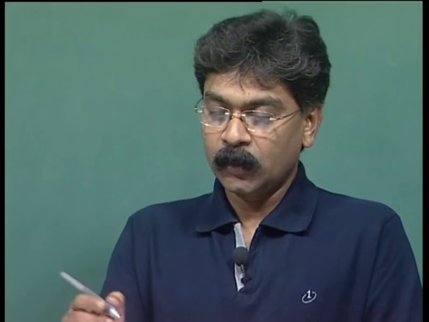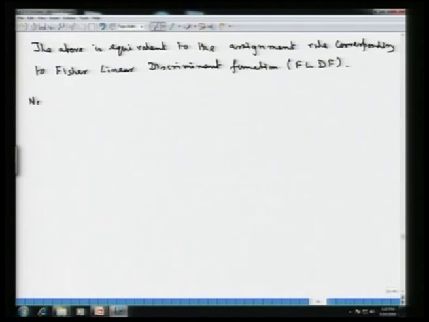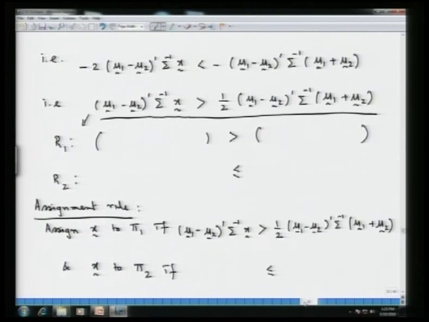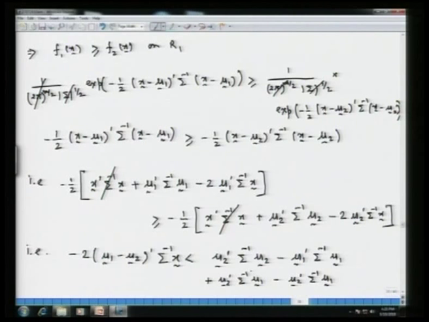Right. Now, let us look at this rule itself and try to say something about some characteristics that emerge out of it. Note that if we have the assignment rule as this one, to start with we had this region R1, that is we are going to classify x into pi 1 if this happens.